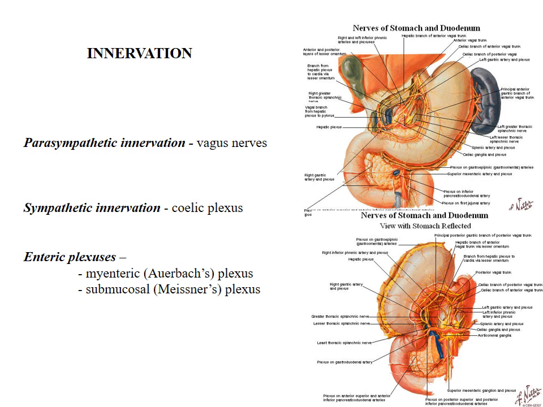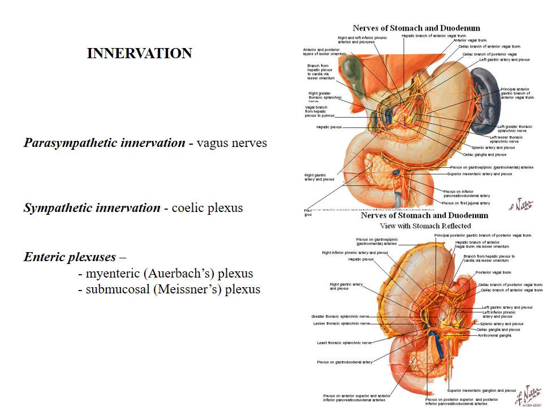These trunks give branches to the anterior and posterior surface of the stomach. Sympathetic innervation is from the celiac plexus. This is the anterior vagal trunk and this is the posterior vagal trunk. Then sympathetic is from the celiac plexus.